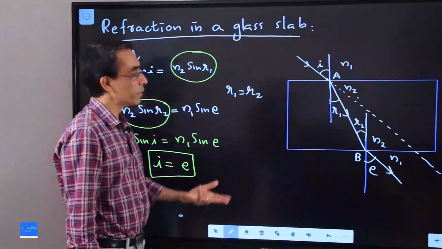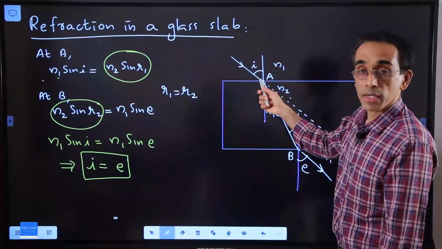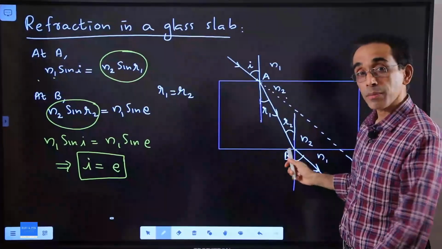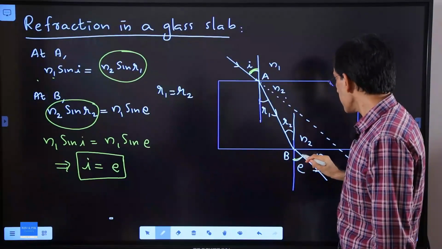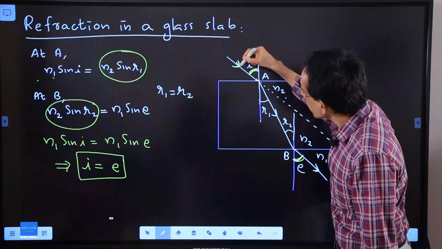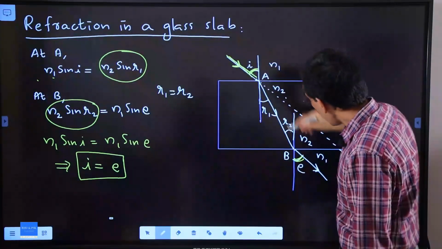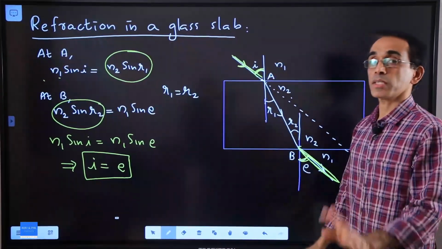So in a glass slab, when a light ray passes, what happens? It will undergo refraction at point A and refraction at point B, but this angle I and this angle E will be equal. So the incident ray and the emergent ray will be parallel to each other.